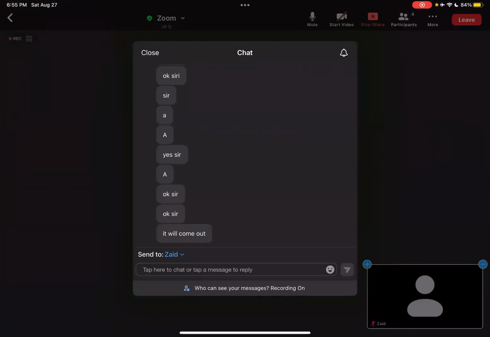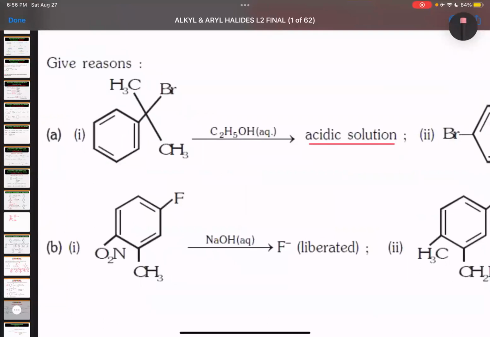It will come out because the carbocation is very stable. You can see the carbocation is very stable if the Br comes out.